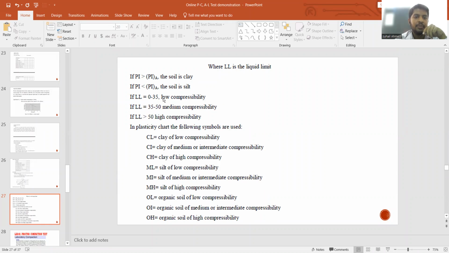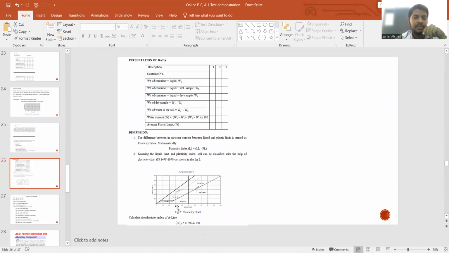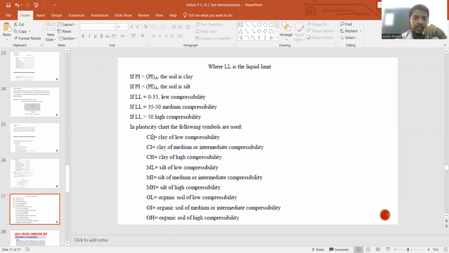Above the line is clay and below the line is silt. In the plasticity chart, the following symbols are used. This one is clay, and MH means silt, high compressibility. Through that chart, you can understand the things.